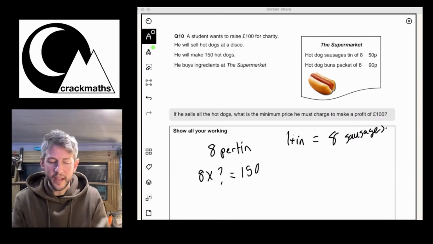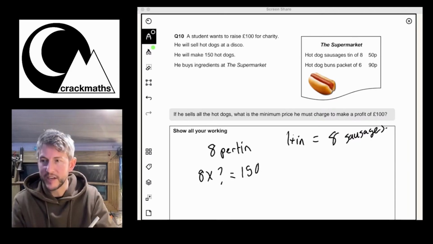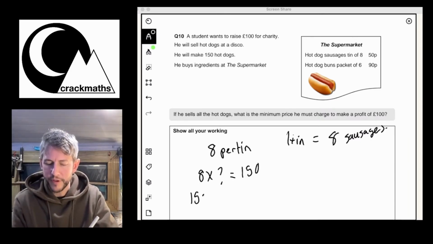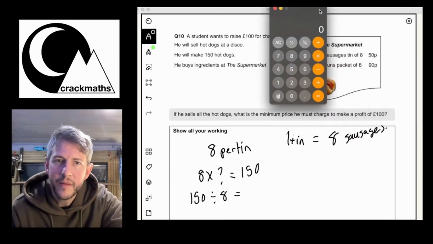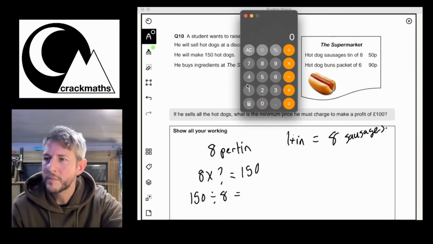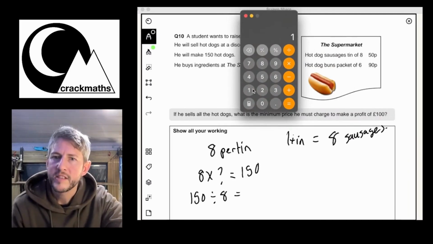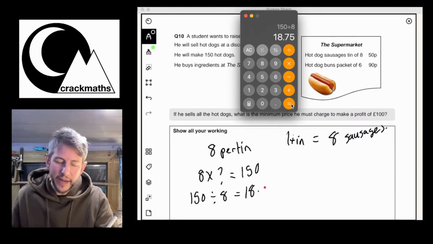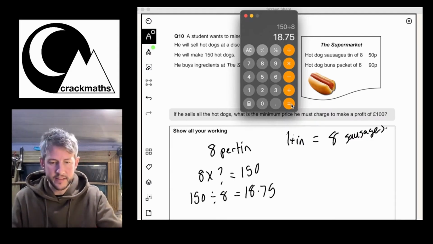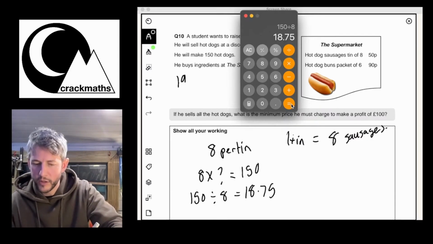Remember, what I can do is a reverse calculation here. So I'm going to do 150 divided by 8, and that will tell me the number of tins I need. This is a calculator paper, so I can use my calculator. 150 divided by 8 equals 18.75. We need more rather than less, so we're going to have to go for 19 tins. So we want 19 tins of hot dogs.